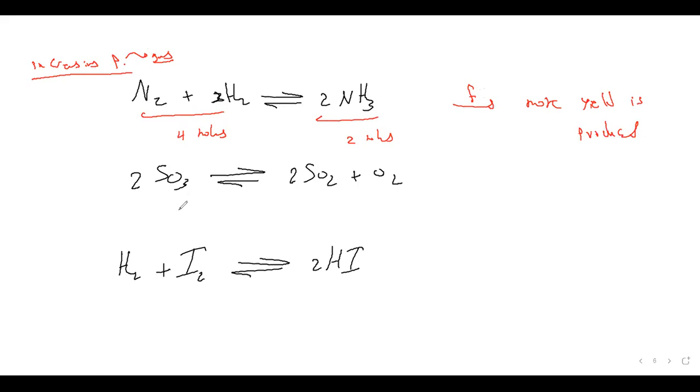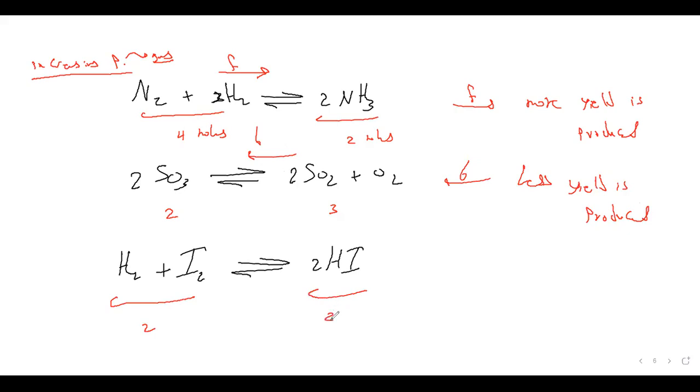In number 2, we have 2 moles and 3 moles, so it moves from 3 to 2, the reaction moves backward and less yield is produced. In number 3, the moles of reactants are 2 and of products are 2, so pressure doesn't affect the equilibrium state.